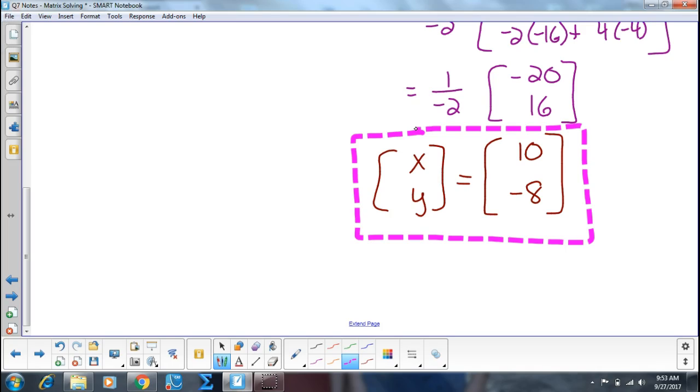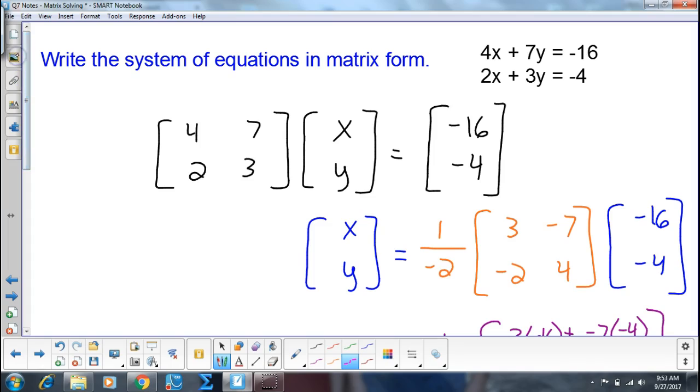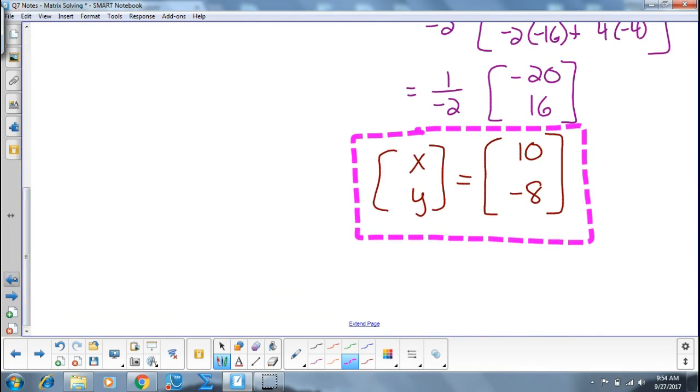Yeah? And that checks out, because if I put 10, 40 minus 56 is negative 16. 20 plus negative 24 is negative 4. Checks out. Okay?